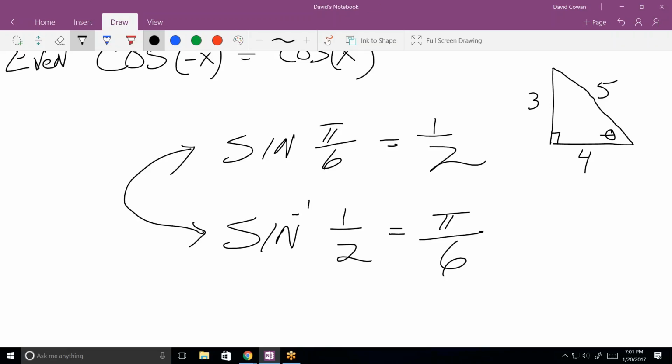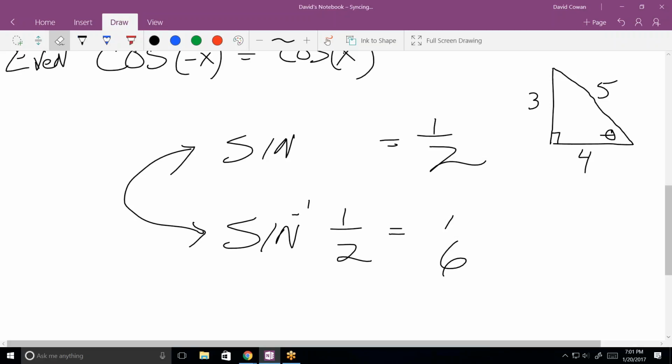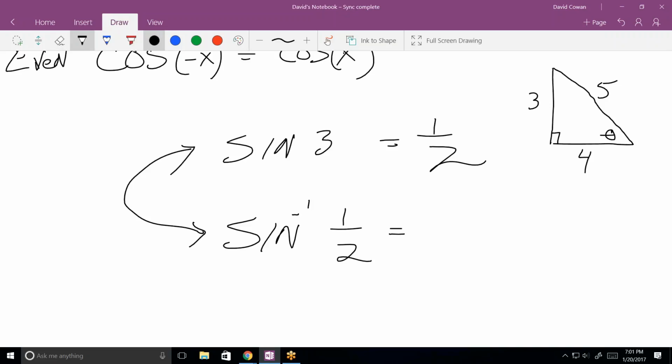So again, I'm taking the inverse trig function of a number to get a number. So the explanation works a lot better if you leave it in degrees. But just know that's the basic understanding of trig: you take angles to get ratios and you take the inverse of the ratio to get the angle.